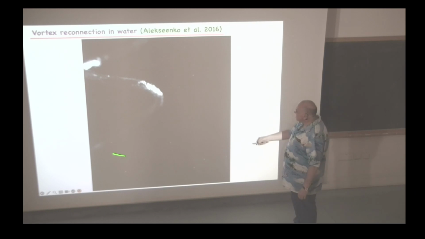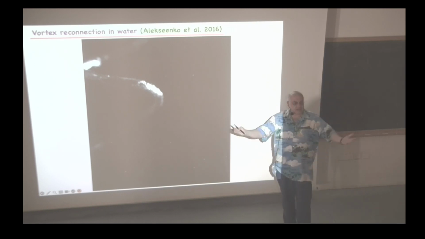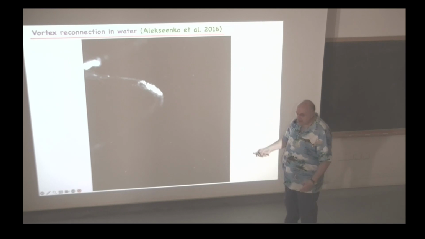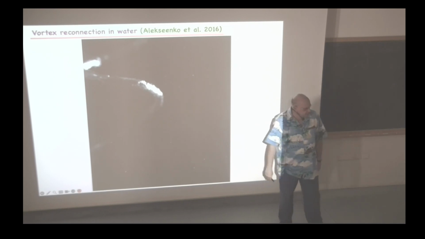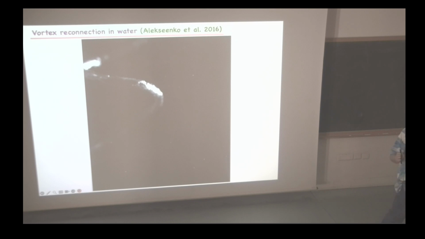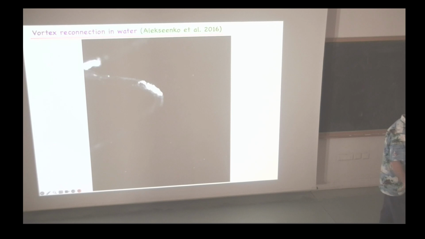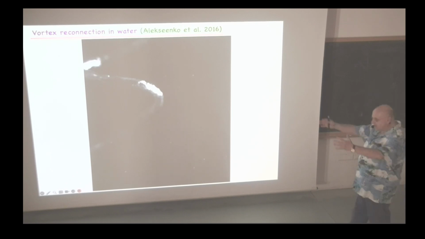So what you don't see, the black part, is entirely filled by water, and they had the work to focus the camera on the spot where the reconnection takes place. Evidently, you have to imagine there is a camera.